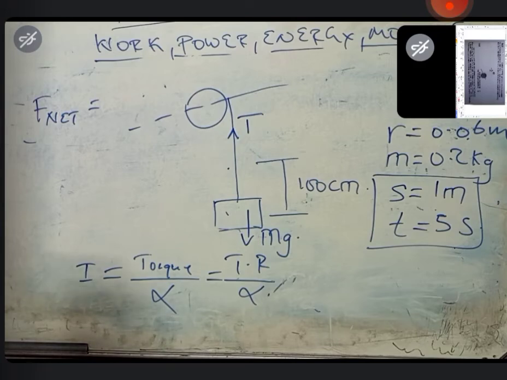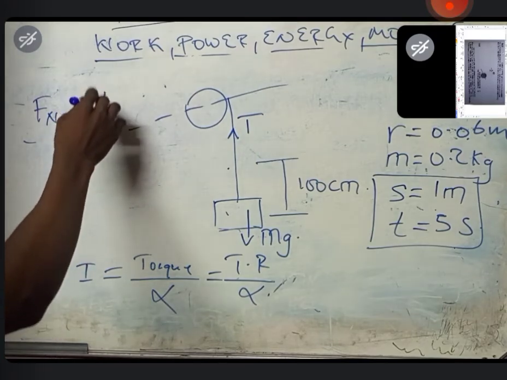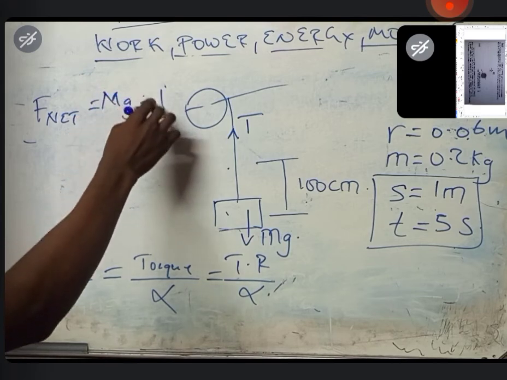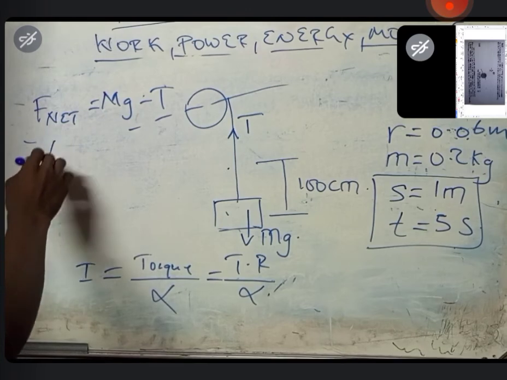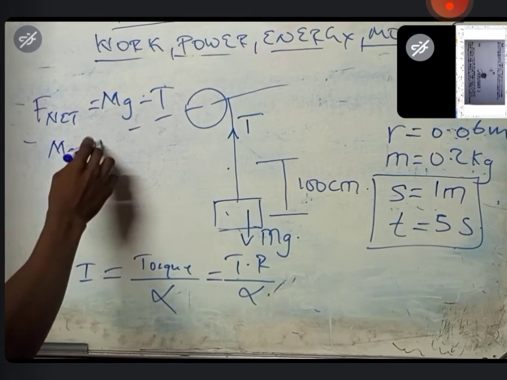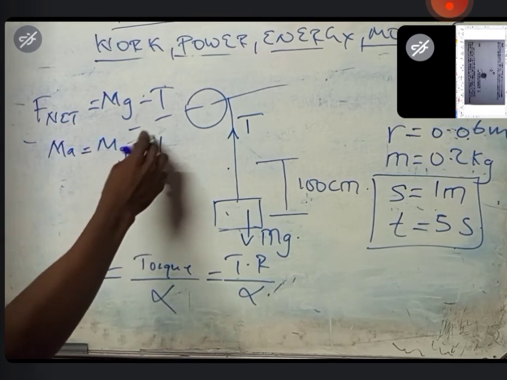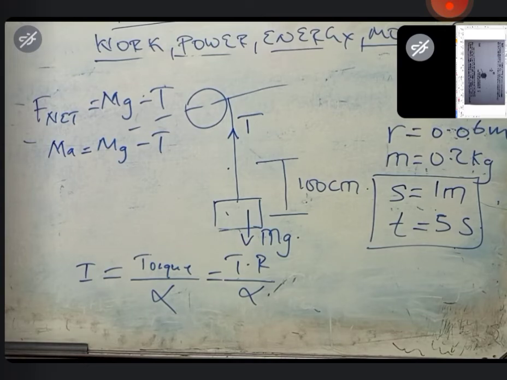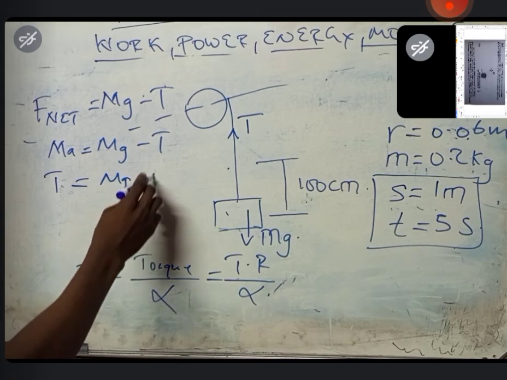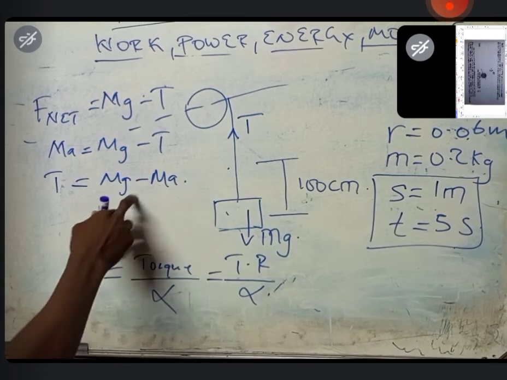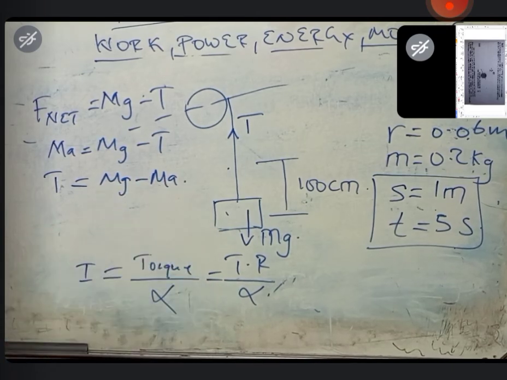So the net force is mg minus tension, implying that the weight is bigger. It is the one that is causing an acceleration. So we make tension the subject. Tension is equal to mg minus ma.